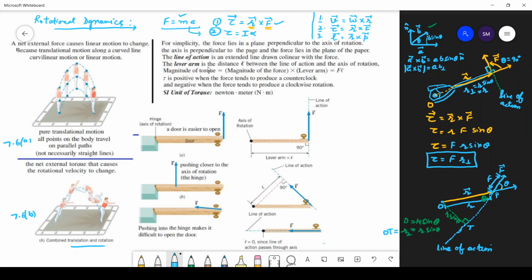The lever arm is the distance L between the line of action and axis of rotation. So this is your axis of rotation, here at O. The axis of rotation passes through O, okay, this point.